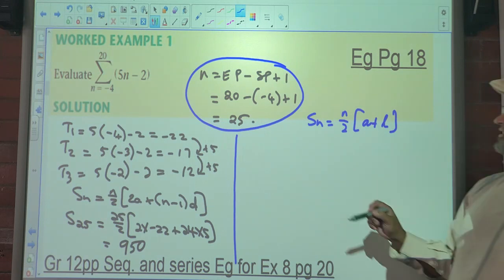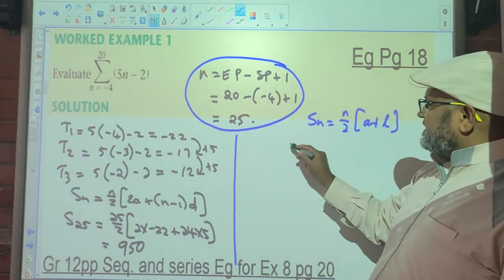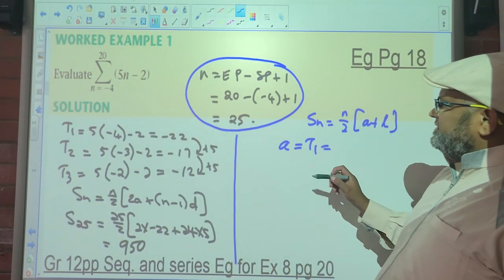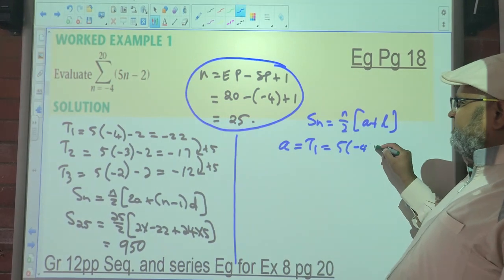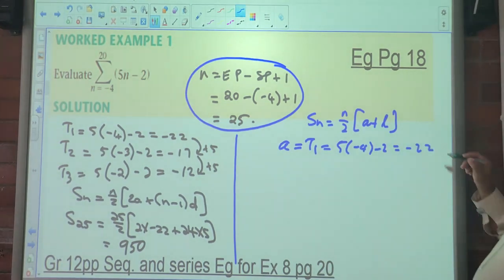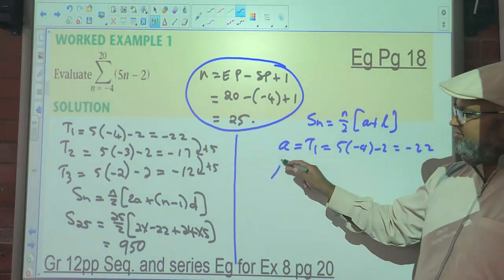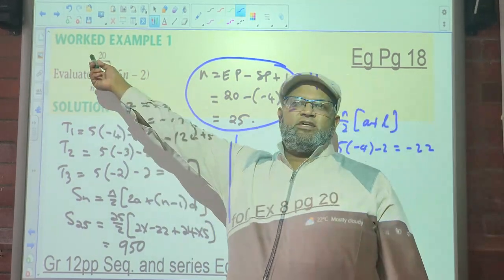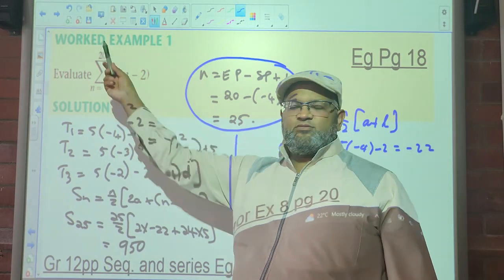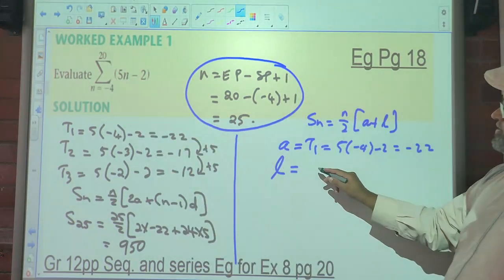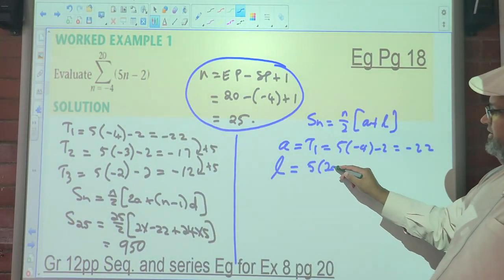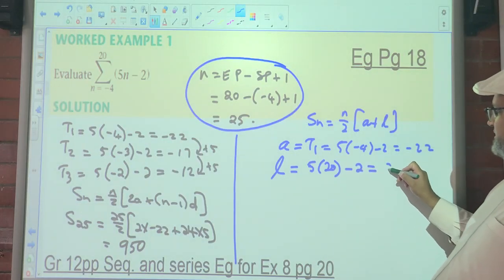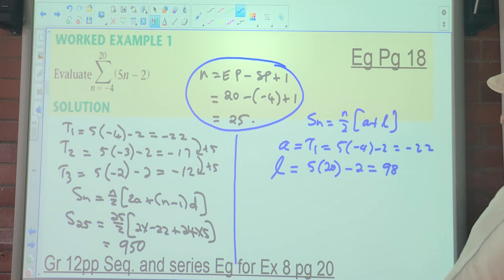Okay? So if I work out a, my first term, not so? And what's the first term? 5 times negative 4 minus 2, which is negative 22. What's the last term? The last term is going to be where n is 20. Not so? So your last term is going to be 5 times 20, which is 100, minus 2, which is 98.